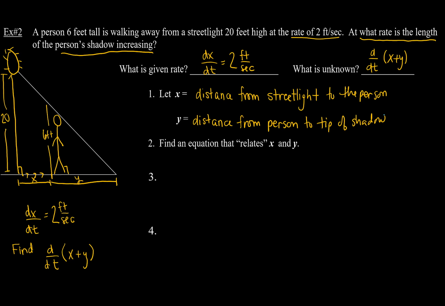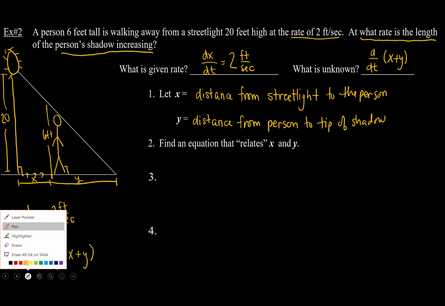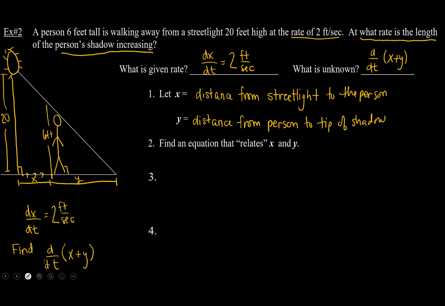Now, let's find an equation that relates x and y. Well, I don't know about you, but to me, this is a nested triangle situation. So essentially, I can take this big triangle here, and I'm just going to draw it in a smaller form.